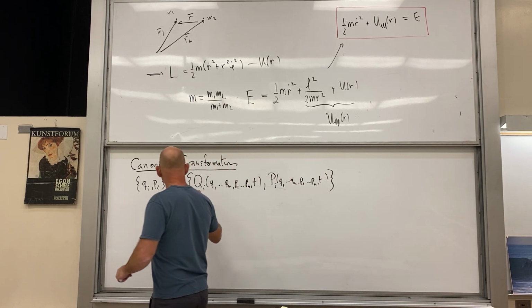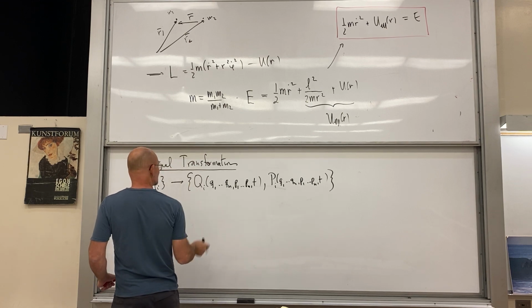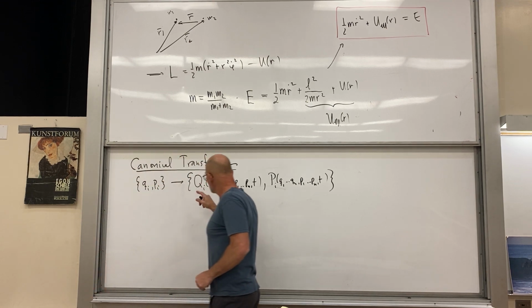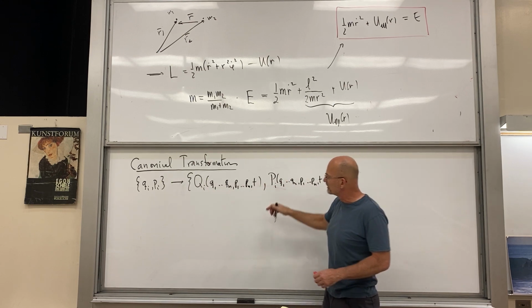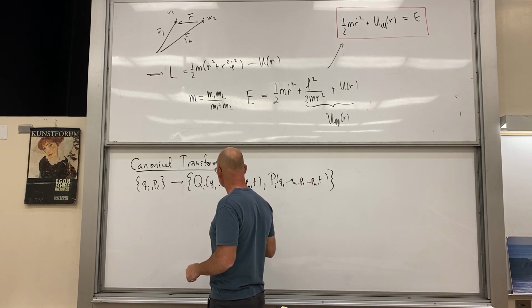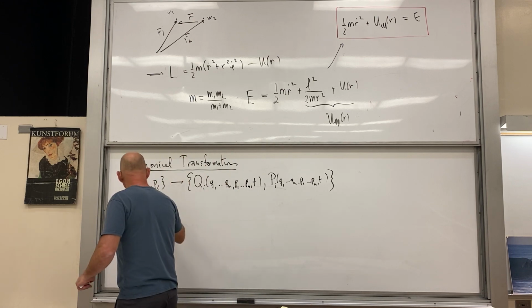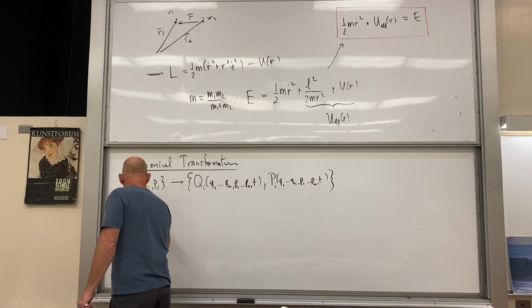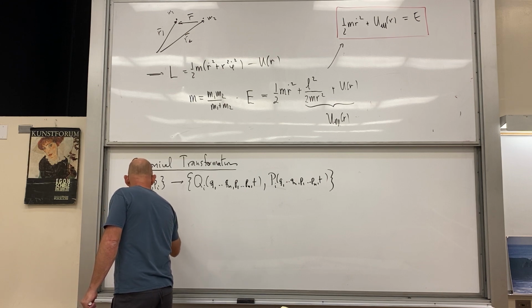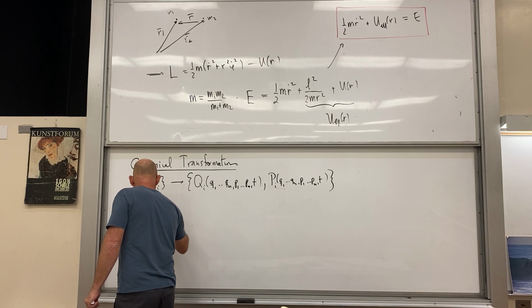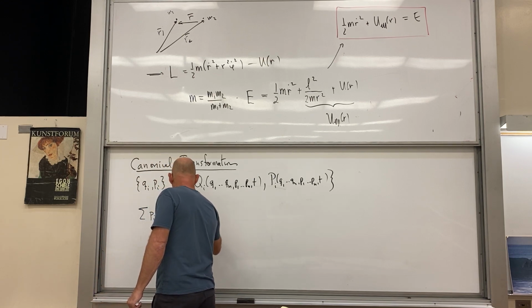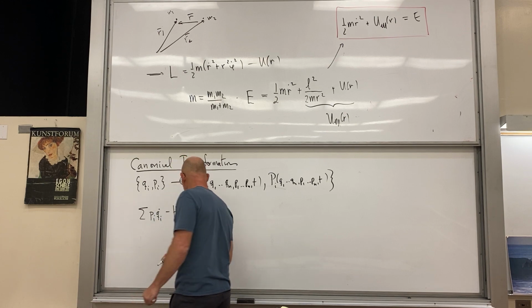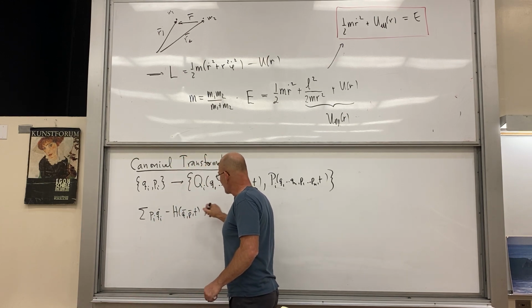And in order to effect a transformation like this and still have Hamilton's equations hold true, we had to have a couple of conditions here. So I'll go ahead and write down, we had the sum of p_i q_i dot minus H(q, p, t). So that was the Lagrangian.